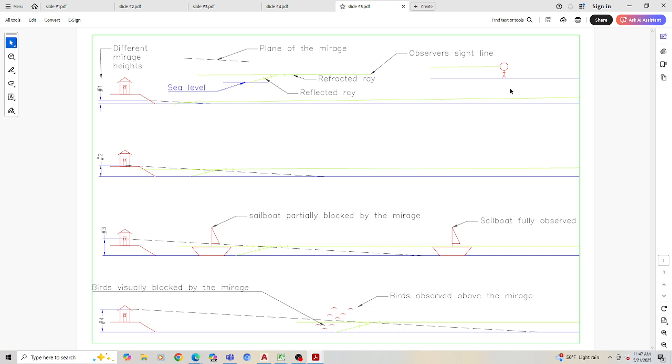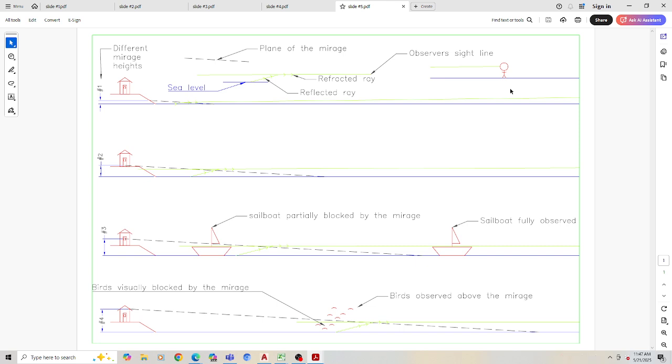I'm not really going to address the compression or the looming. You could probably apply everything that I've said here to a superior mirage. You just have to realize that there is a surface above us that may have the right moisture content or dynamics of the atmosphere in order to reflect at low angle.